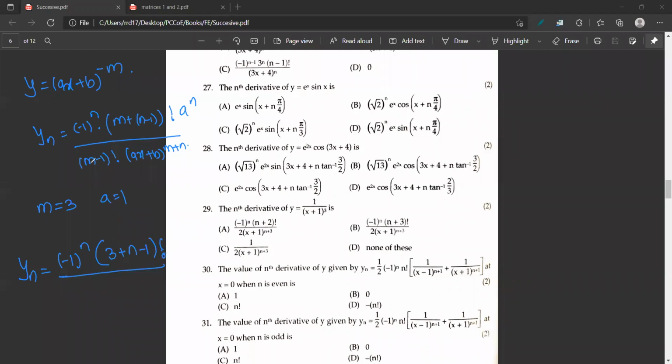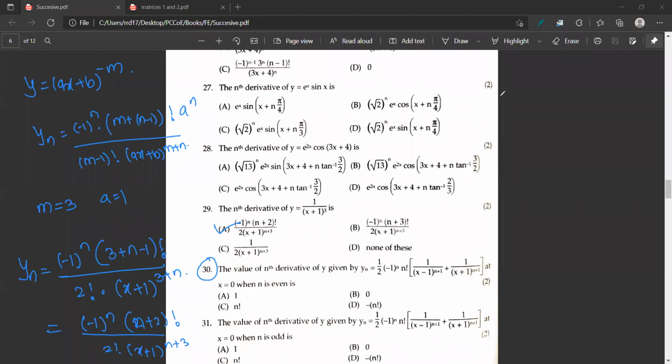Here it is factorial, m minus 1, that is 2 factorial, into again (x + 1) raised to m + n, m is 3 and n as it is. So the answer we are getting is (-1)^n into (n + 2) factorial divided by 2 factorial into (x + 1)^(n+3). So which answer? A. Got it?